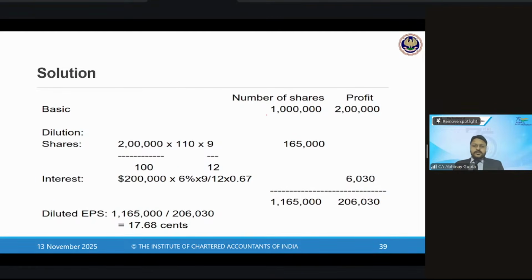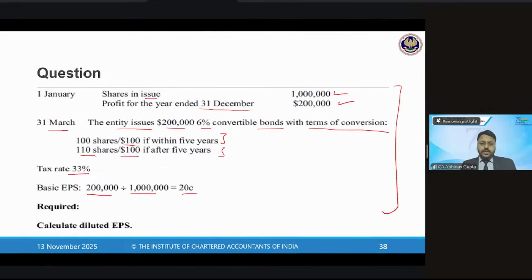Right. So how many shares did we have? 10 lakh. Profit given in the question, 2 lakh. Now dilution shares we need to compute. We will use 110 between these two terms. Which is more favorable, for the company or the holder?